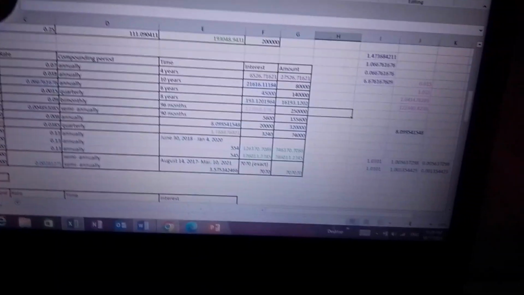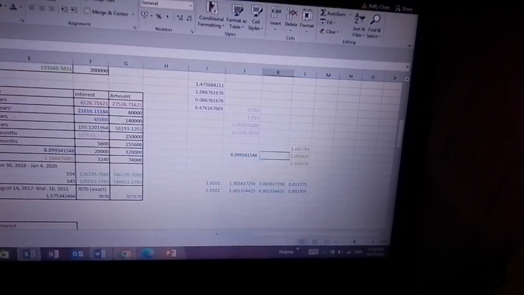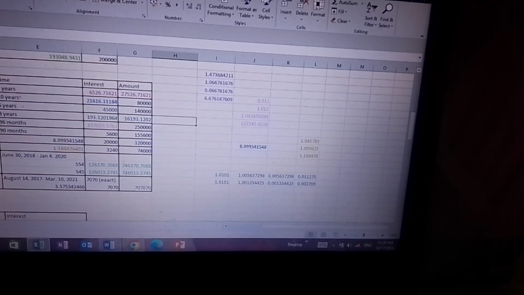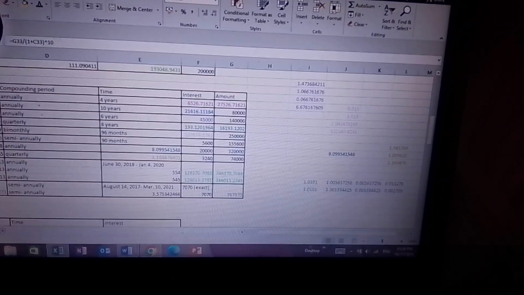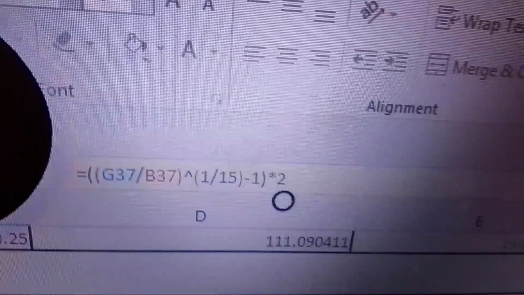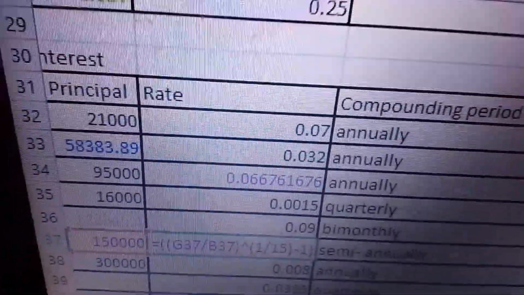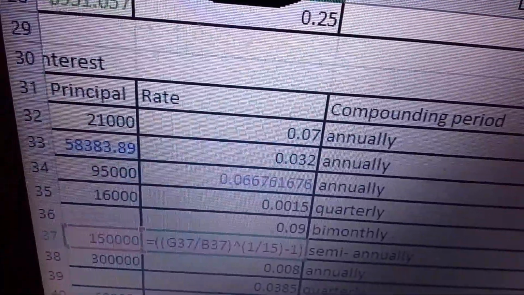For number 6, our goal is to solve for the rate. So how was I able to solve for the rate? To solve for the rate, this is what I did. First, remember, the future value divided by the present value, which is G37 that you see here, divided by B37 that you see there.